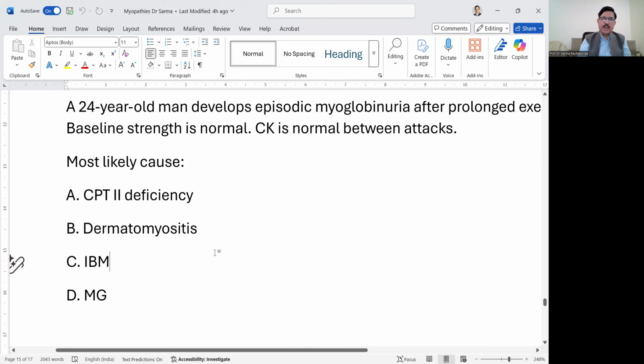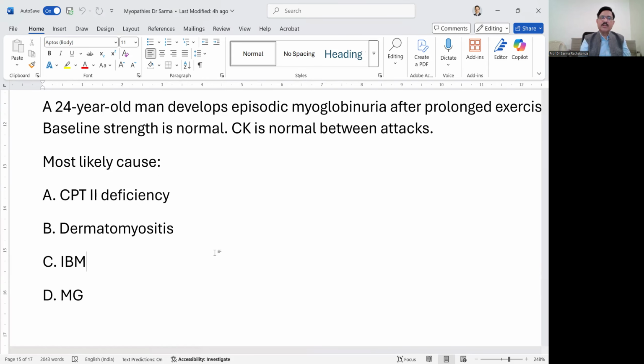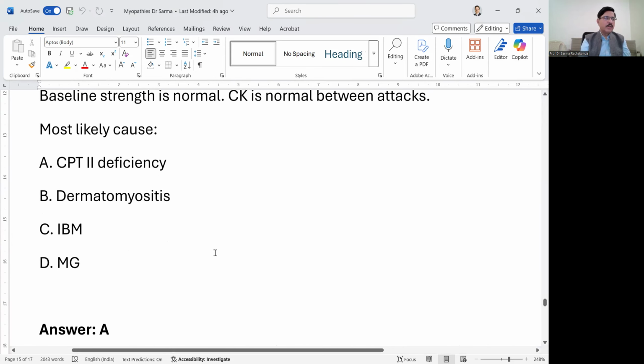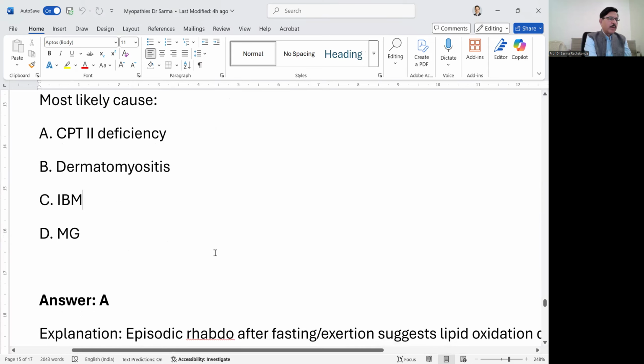CPT2 deficiency is a lipid oxidation defect; McArdle's is the myophosphorylase, glucose problem. Dermatomyositis must have a rash. Inclusion body myositis has a typical picture which is not there. Myasthenia gravis would be progressive weakness. All are excluded. So the answer here must be A, episodic rhabdomyolysis.